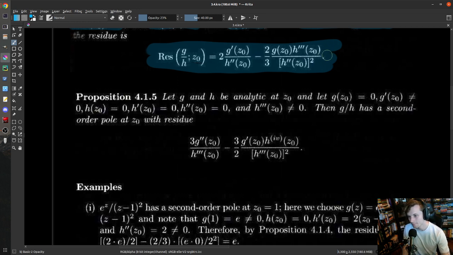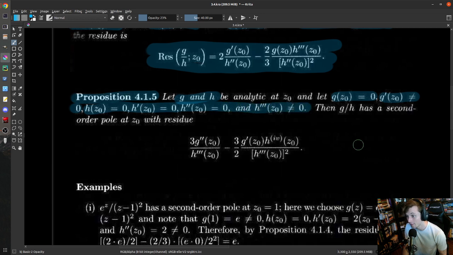There are slightly more general versions of this. Proposition 4.1.5: if g and h are analytic at z naught and g of z naught is equal to 0, g prime of z naught is non-zero, and h of z naught is 0, h prime of z naught is 0, and its second derivative is also 0, but its third derivative is not. Oh, wow.